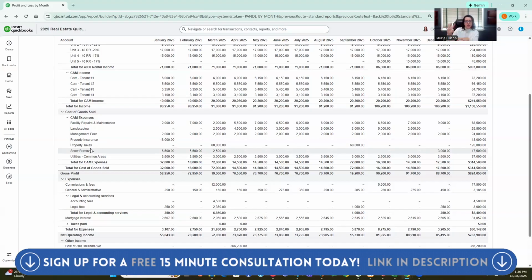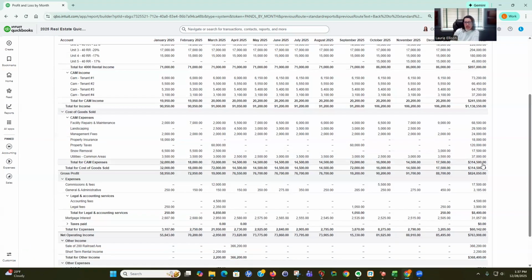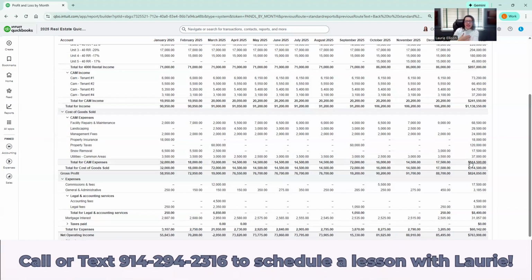Okay, so now you know my mentality of why we're going to do CAM expenses up in cost of goods. It's just really to keep those costs segregated from the rest of your overhead. This way, you know that you're only using these categories to calculate your CAM. So it's going to be really easy to export this to Excel.